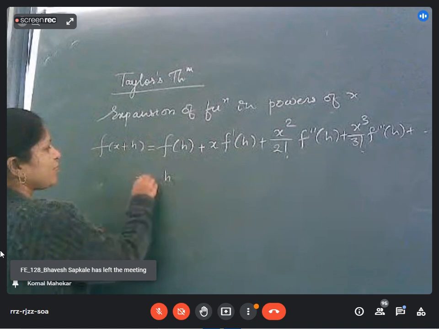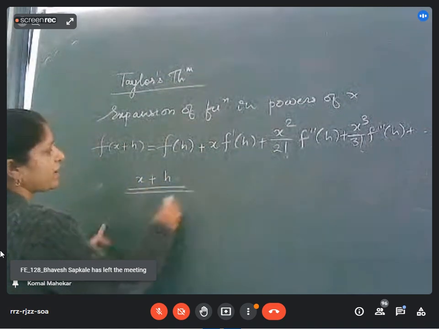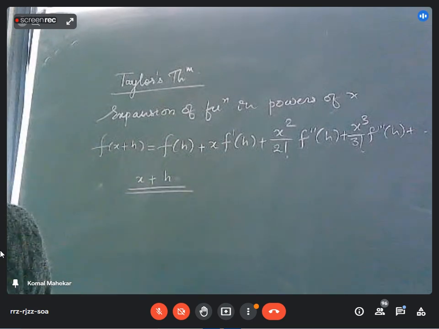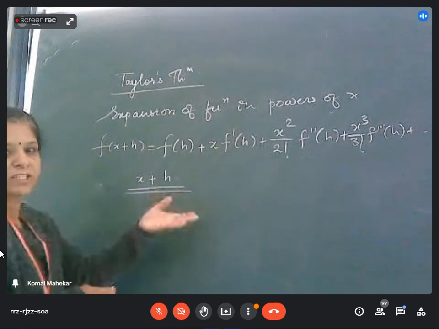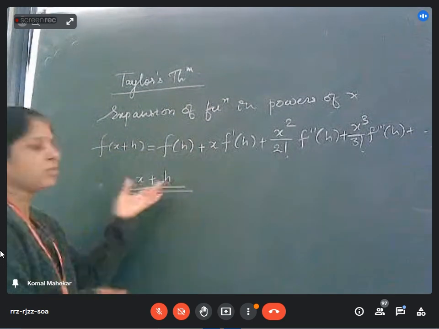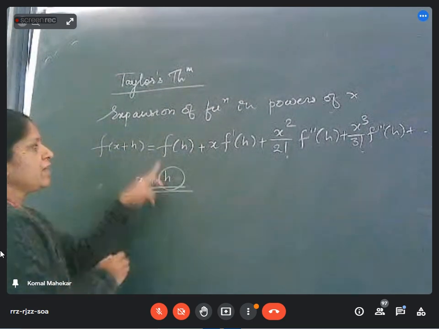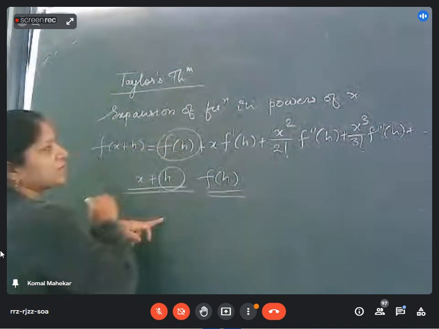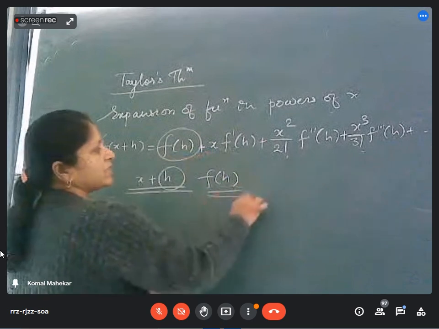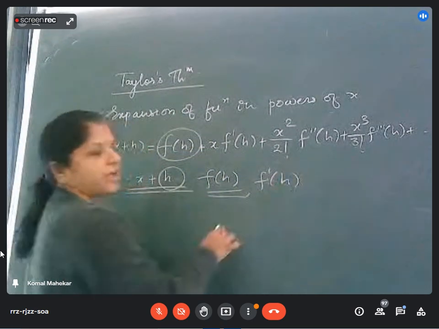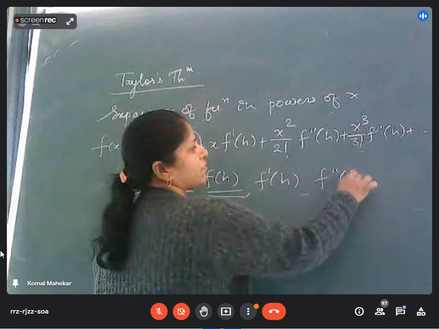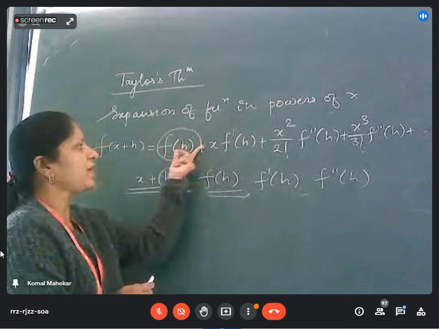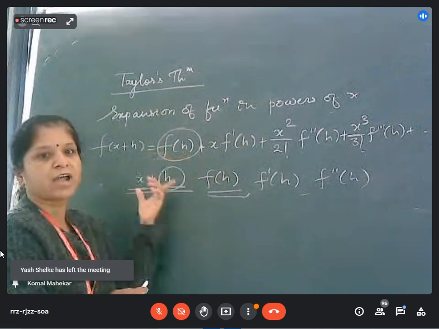Compare with x plus h, whatever is given to you, x minus h or x plus h, and identify the value of h. Then find the value of the function at h, then take successive derivatives f dash of h, f double dash of h, and substitute the value of each derivative and the function at h in this formula and simplify.